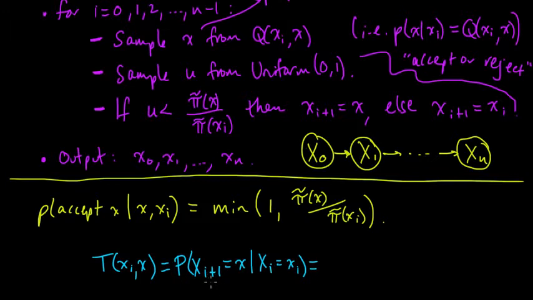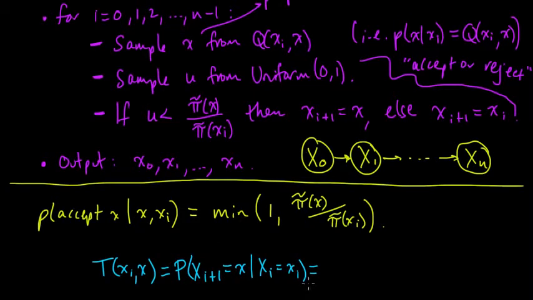This could be any arbitrary k instead of i, but just to keep things intuitive, let's use i. And what is this probability? There's two ways for X_{i+1} to take a particular value. First, we sample a value, and then we either accept it, so X_{i+1} takes that value that we sampled, or we reject, and X_{i+1} is xi.